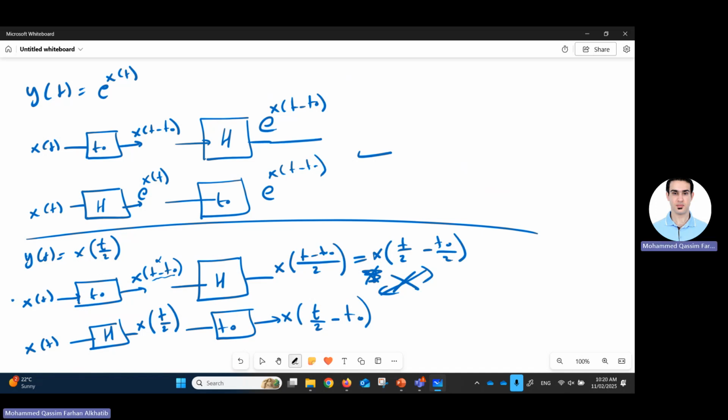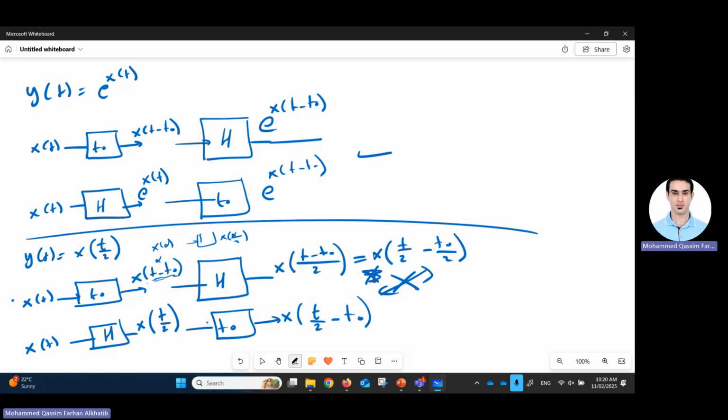Okay, we first apply the delay. We get x of t minus t naught. Then apply this result to the transformation I have. I have x of t over 2. Now, let's assume this thing is x of alpha. When I apply to the system, I'll get x of alpha over 2. Now substitute back alpha, which is t minus t naught over 2.